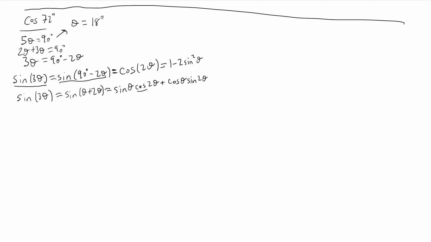So let me rewrite my cosine 2 theta as 1 minus 2 sine squared theta. And then my cosine theta and my sine 2 theta I need to rewrite a little bit.